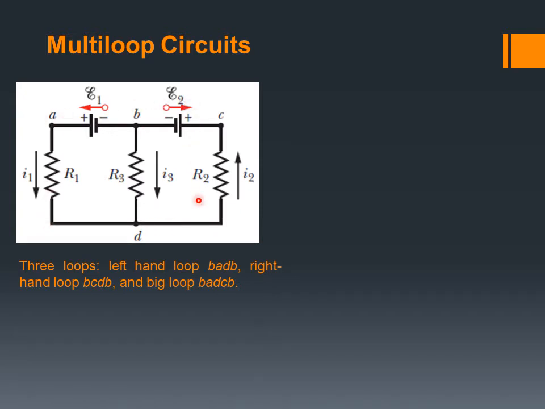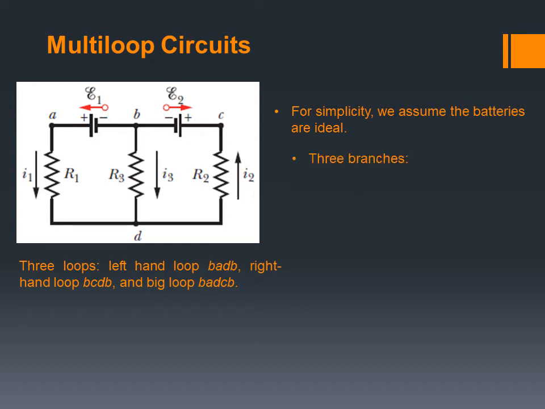So this is a big loop, which contains the two small loops. For simplicity, we assume that these two batteries you see are ideal, which means that they have no internal resistances, while real batteries have internal resistances.